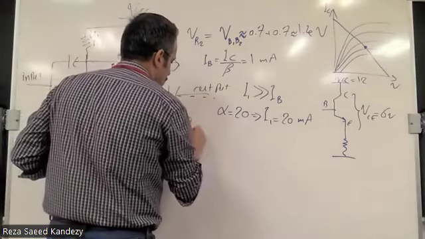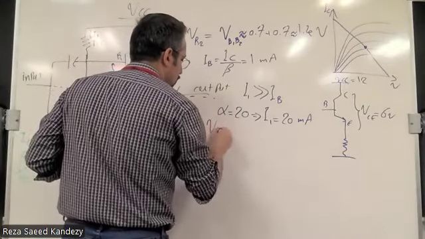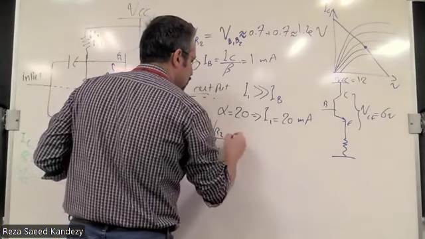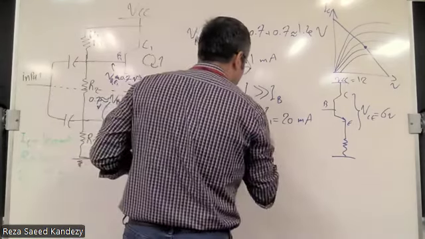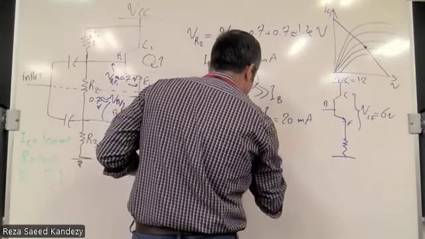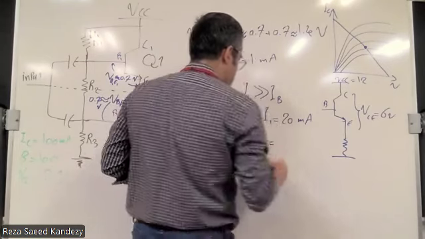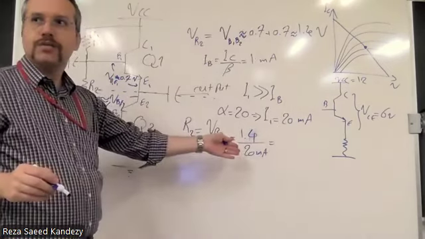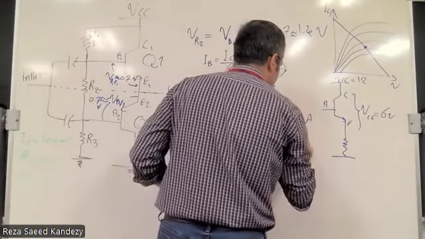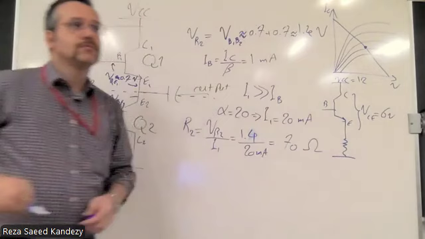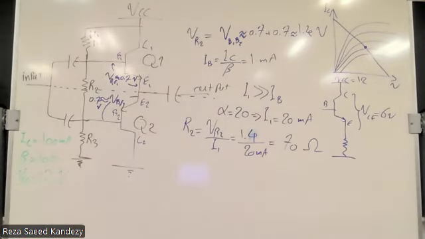R2 is going to be the voltage across R2 over the current passing through it, which is 1.4 at 20 milliamp, which, if you do the calculation, is going to be 70 ohm. So one of our resistors, we found the value that we need for the strong biasing in our circuit.